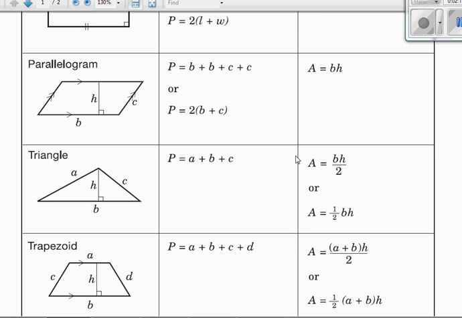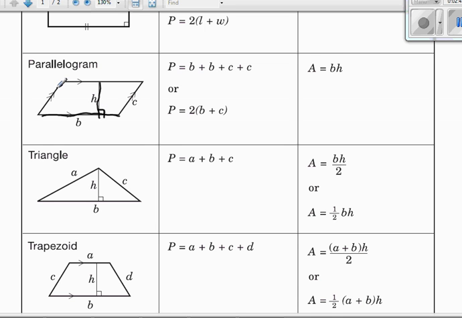It's base times height. However, please remember that base and height are always defined as two lines that meet at a 90-degree angle. So the height of a parallelogram is never going to be one of these slanted edges, but instead it's going to be an internal line that meets at 90 degrees.